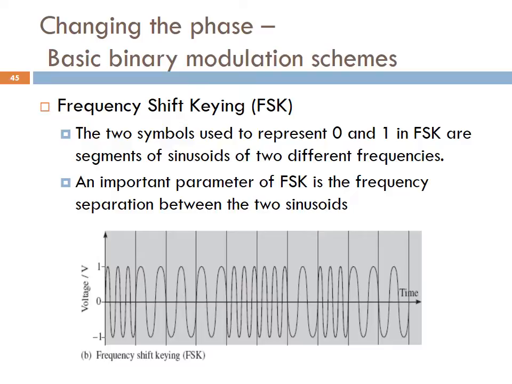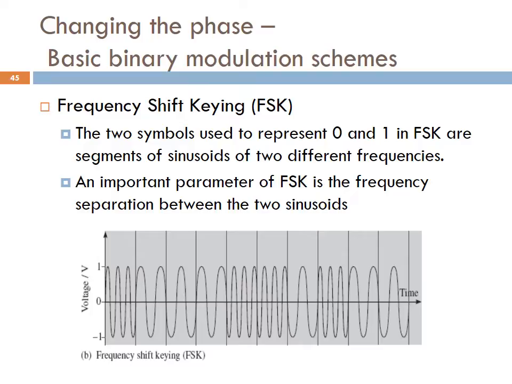Another modulation technique is frequency shift keying, FSK. In ASK we change the amplitude every tau without changing the frequency and phase. We have seen also that in BPSK we are changing only the phase without changing the amplitude and the frequency.